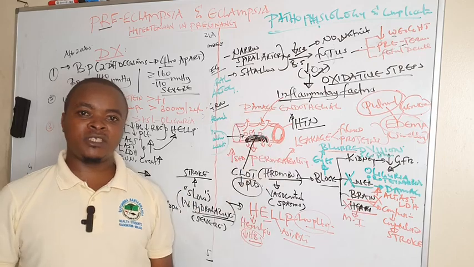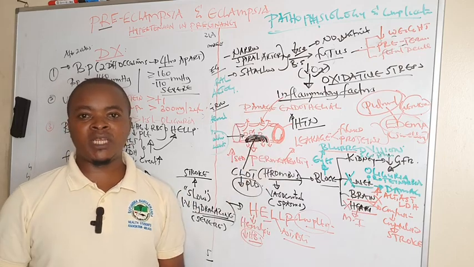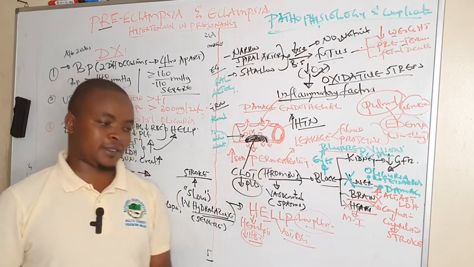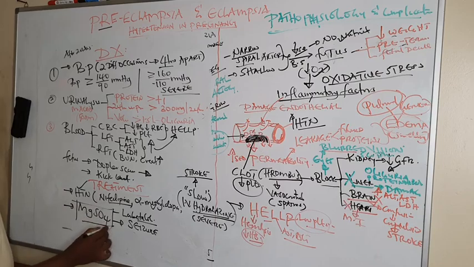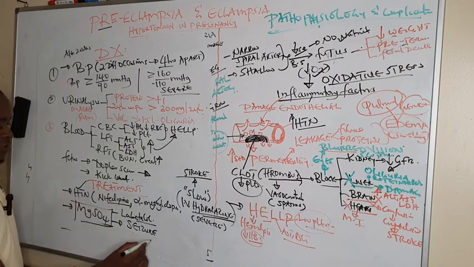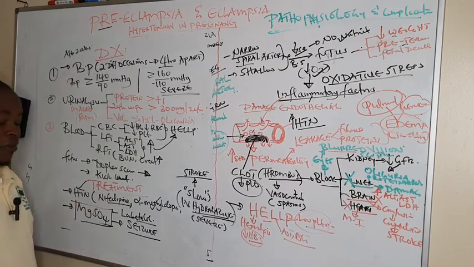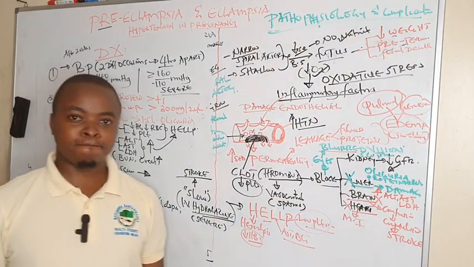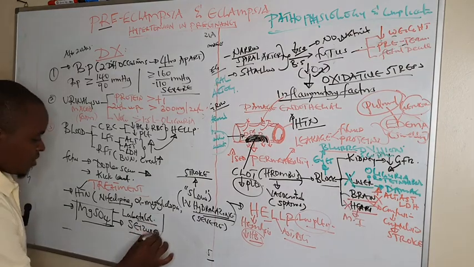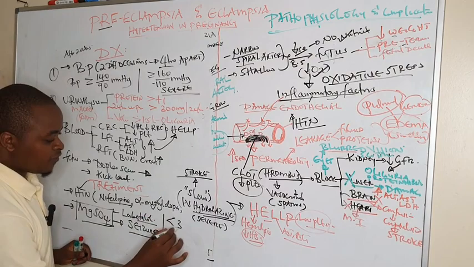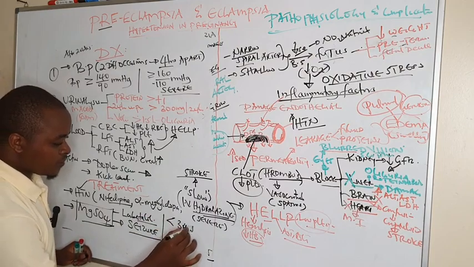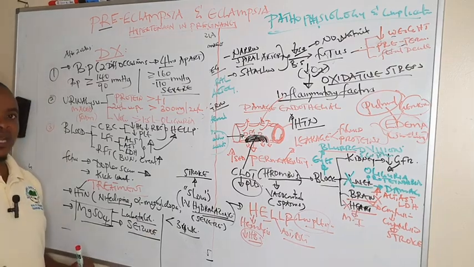And we told you eclampsia is preeclampsia with the presence of convulsions or seizures. So this one is always given as a prophylaxis to prevent progression to the formation of convulsions, or what we can call seizures.